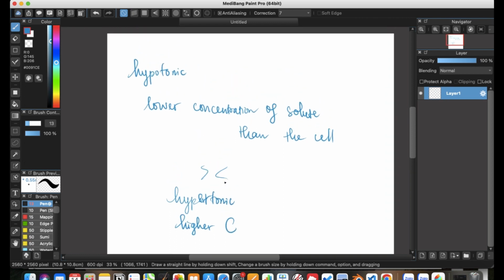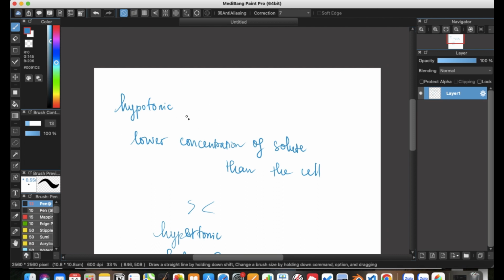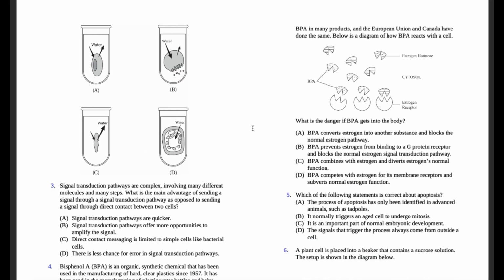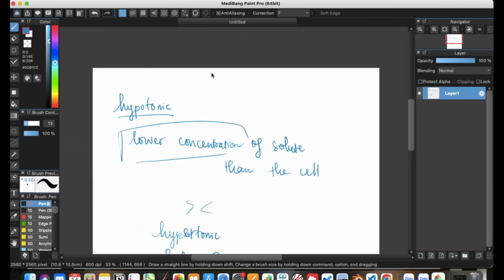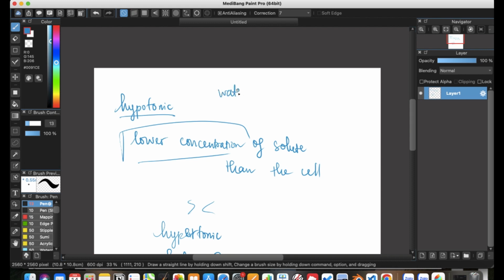So what happens if we put a cell inside a solution that is hypotonic, which has a lower concentration of solute? You know that water flows from high to low concentration of water.